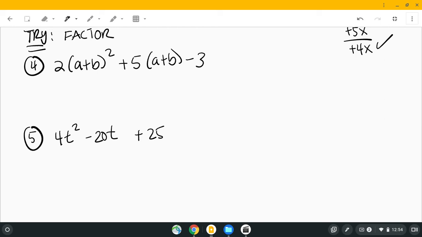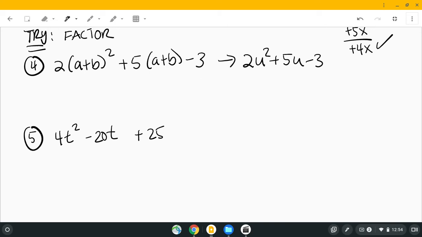For number 4, it might be easier to replace the a plus b with a variable. I'll use u. If I replace the a plus b, then it'll look like this: u squared plus 5u minus 3.